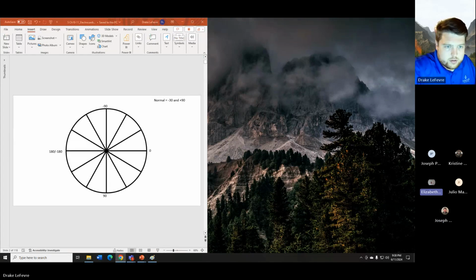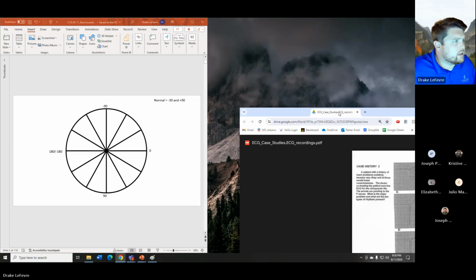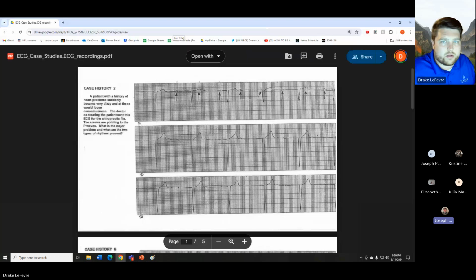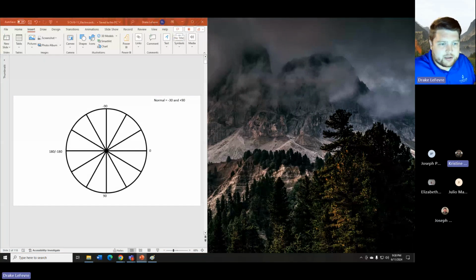Okay, I'm going to pull mine up too. Does it look like this? Similar, but ours, I think, was in color. Okay, send me that one. Yeah, that's the one that we used.